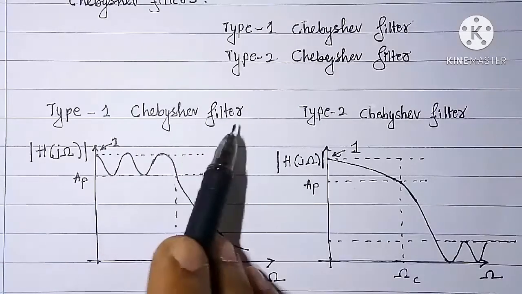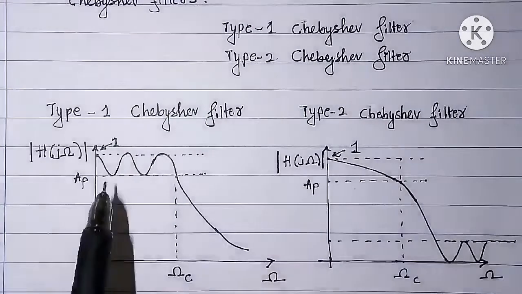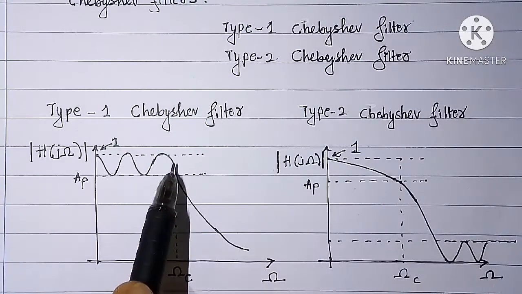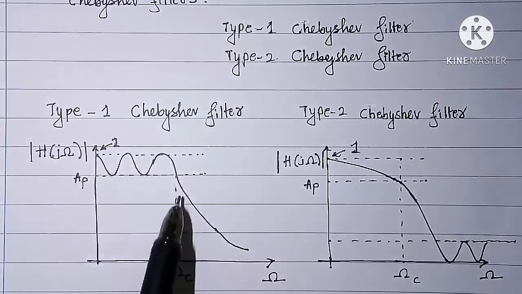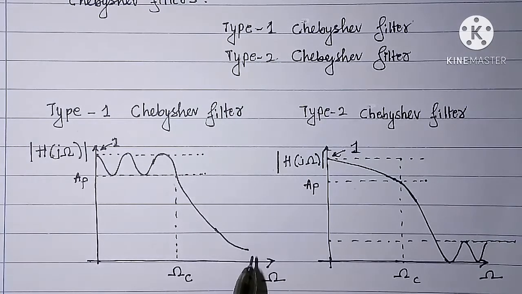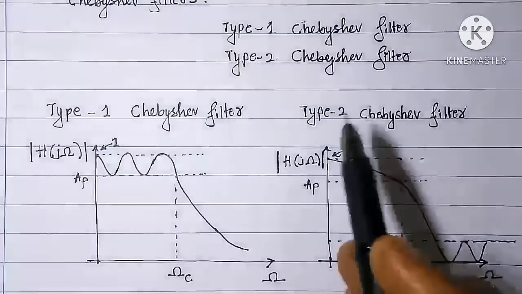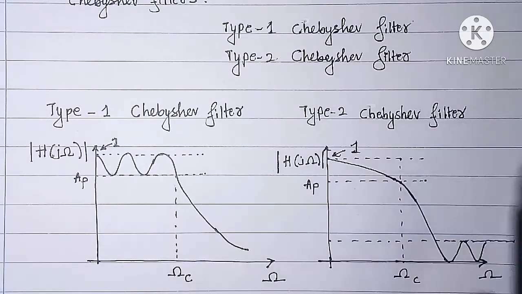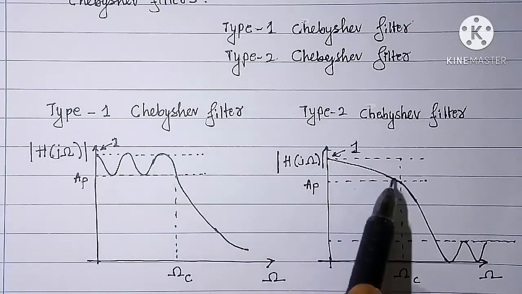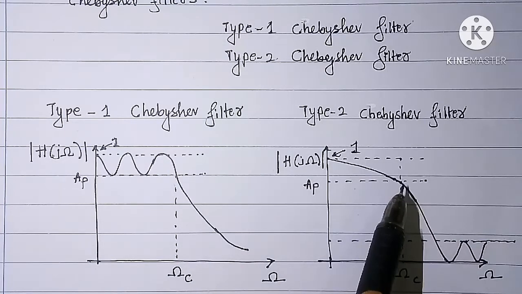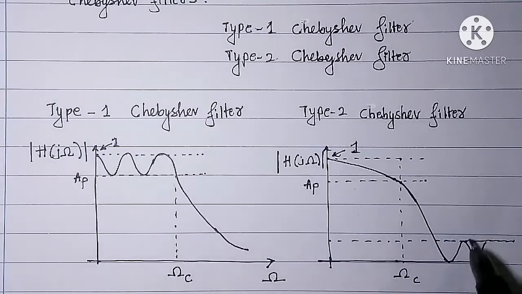In case of type 1 Chebyshev filter, the frequency response is equiripple in passband and monotonic in stopband. Whereas in case of type 2 Chebyshev filter, the frequency response is monotonic in passband and is equiripple in stopband.